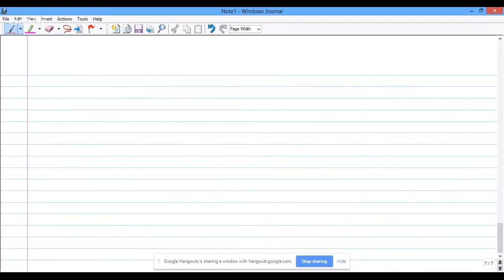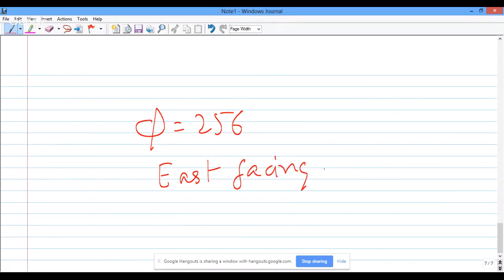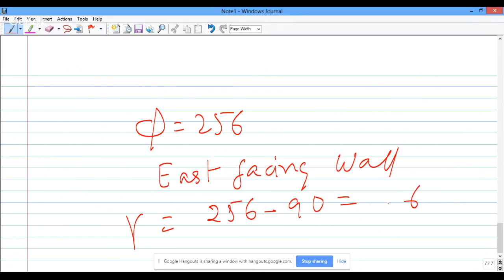So gamma for an east facing wall will be equal to 256 minus 90, which equals 166, and then how much?